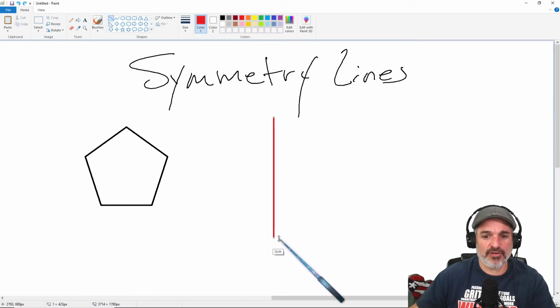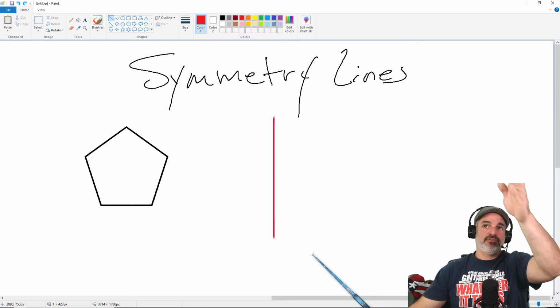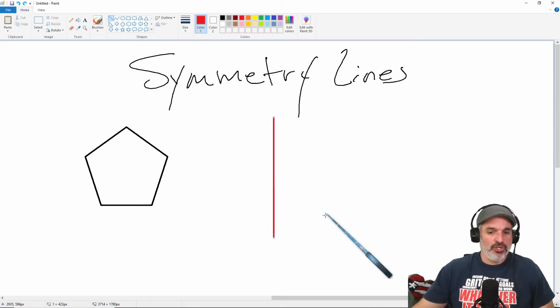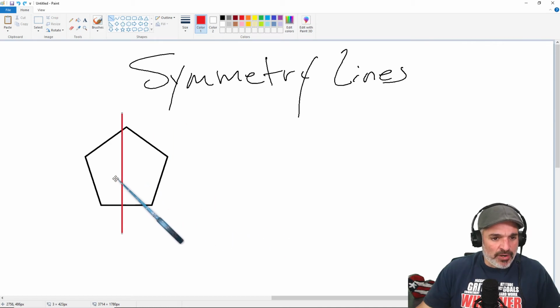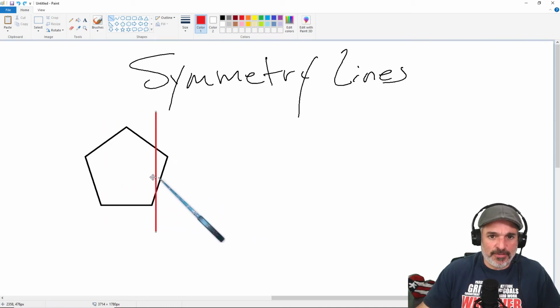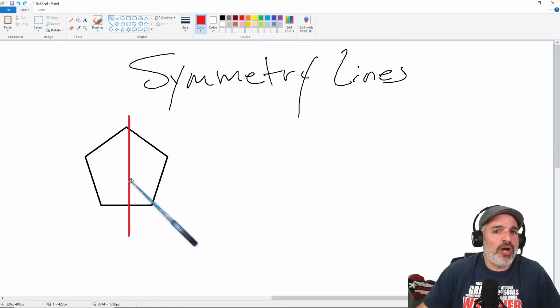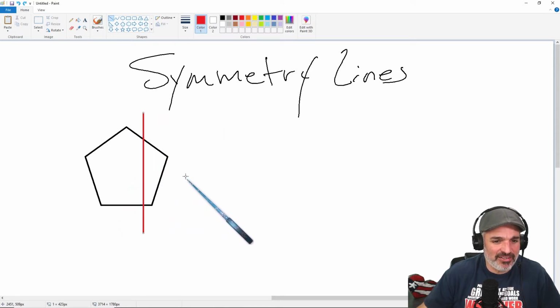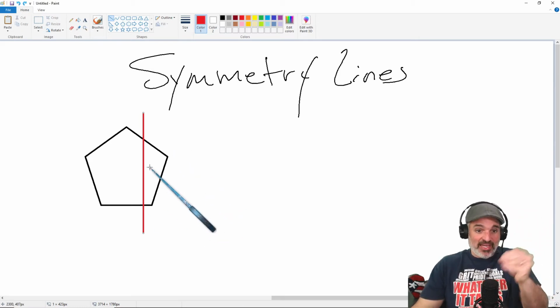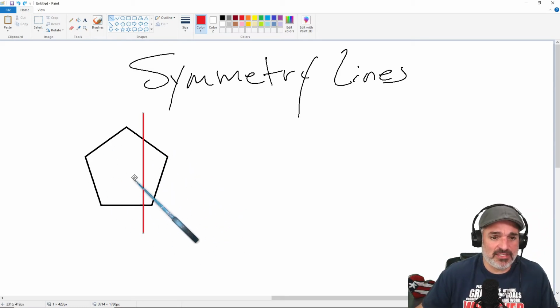Remember, vertical lines are from top to bottom. So you're going to ask yourself, if I put this line anywhere in this shape, do I get two mirror images of each other? Well, if I put it here and fold through that line, this part is not going to be the same as this.